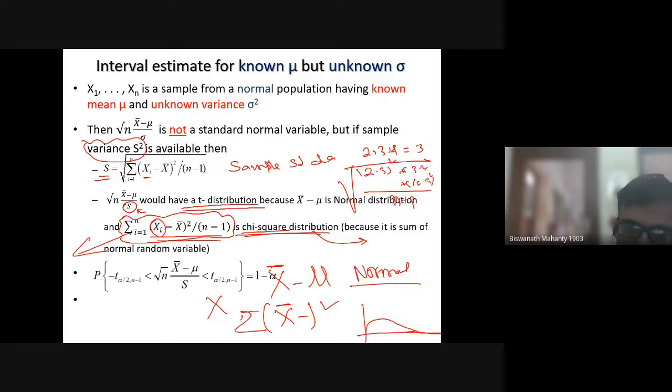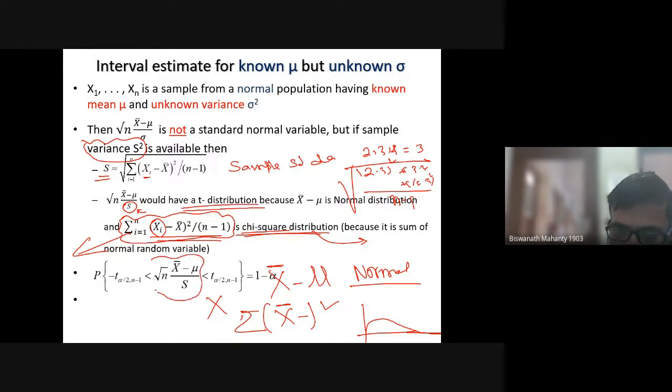And I'm coming very quickly. Chi-square distribution, if I have something, and then if I have some divisor here, S is going to be, what is S? Square root of this one. So this is going to be known as T distribution.